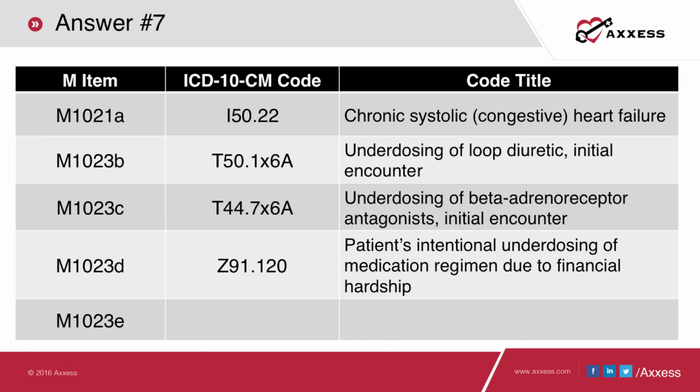T50.1X6A is underdosing of loop diuretic initial encounter, and then we have T44.7X6A underdosing of your beta blocker initial encounter. With underdosing codes, we also have to use a Z code to tell why the underdosing occurred, and we used Z91.120, patient's intentional underdosing of medication regimen due to financial hardship.